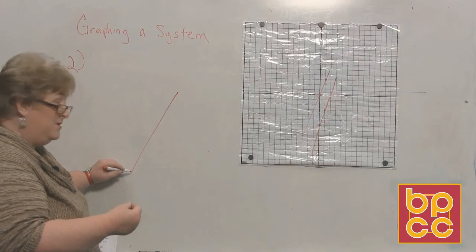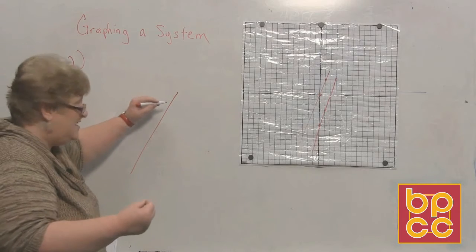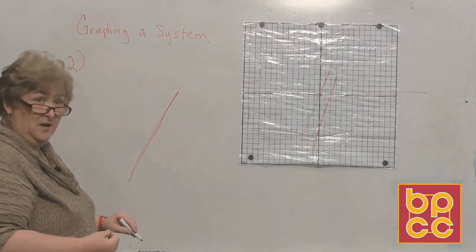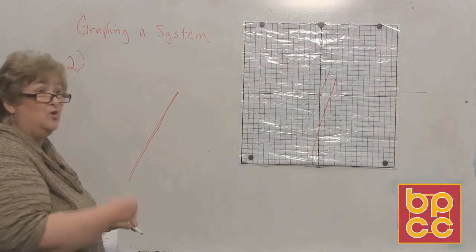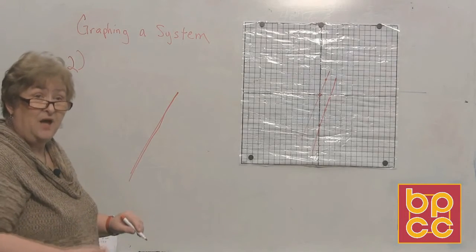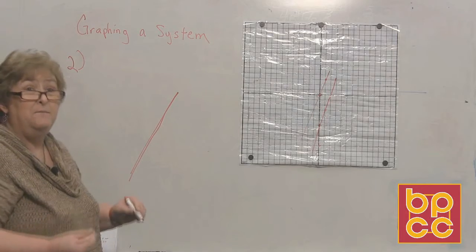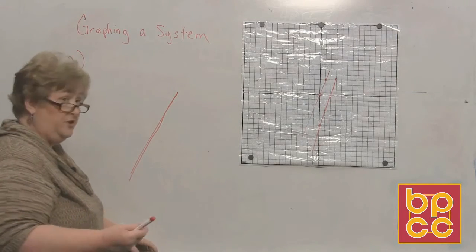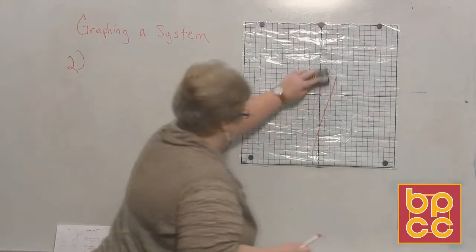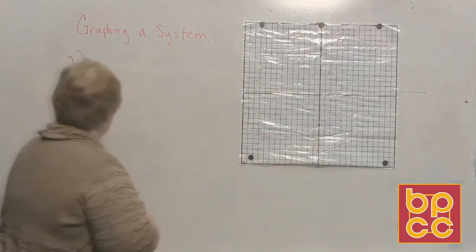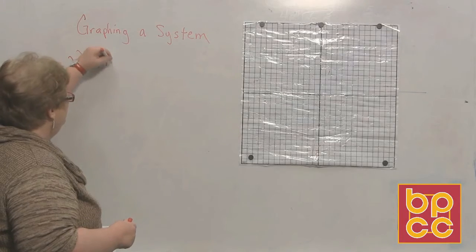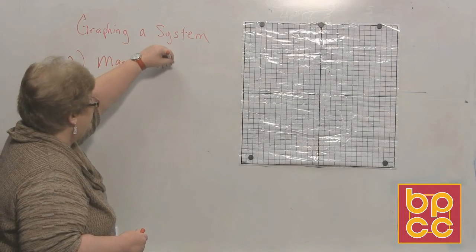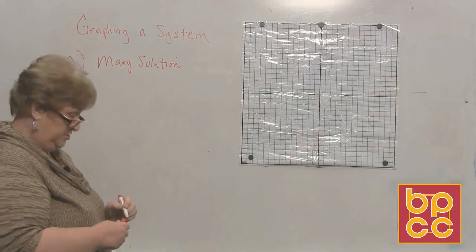But what's going to happen is the second line is going to fall directly on top of the first line, which means every single coordinate on that line is a possible answer. Consistent many solutions. So let's see if we can create one of those for you to solve. All right. So this one's going to be many solutions. And we call that consistent many solutions.